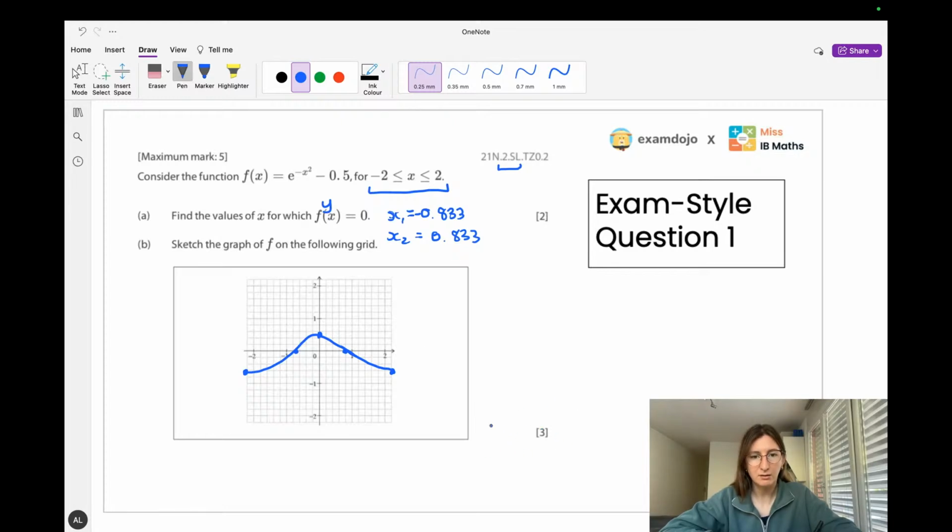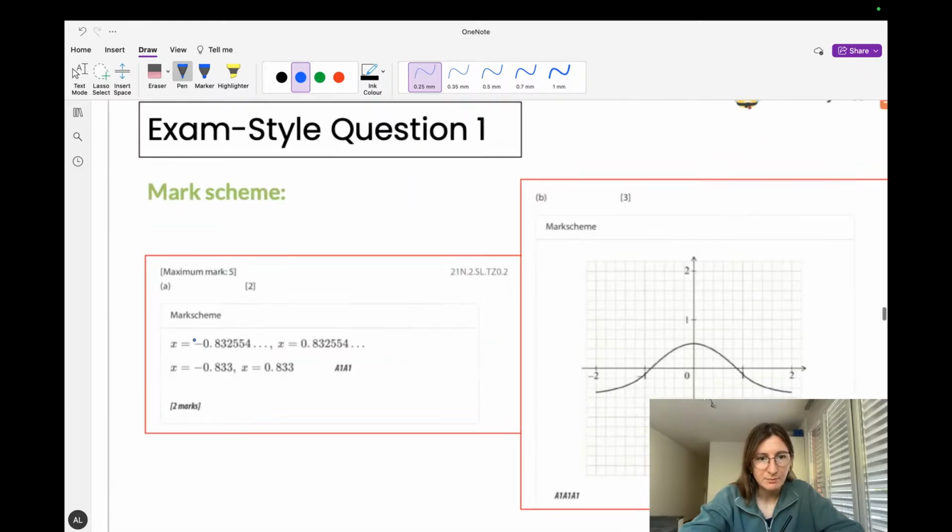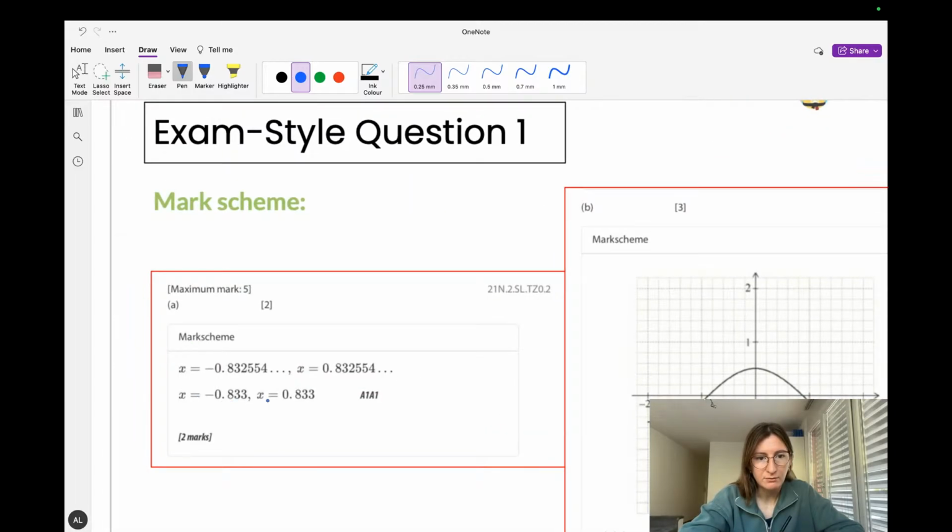They will give you a mark for having correct, well, let's go and have a look at the mark scheme actually. Well, they haven't said, but let's just check. There we go. Minus 0.833, 0.833. You get 1 mark for each correct one. You don't get marks for having said the full amount of decimal places.